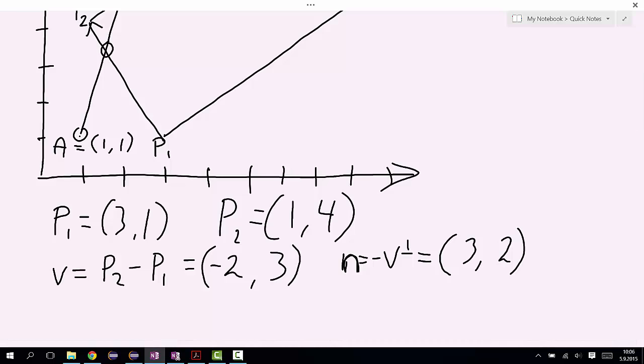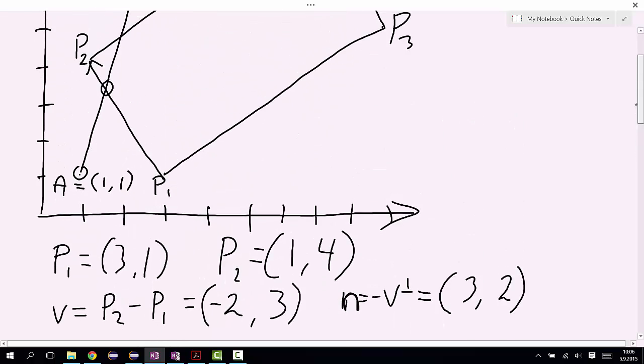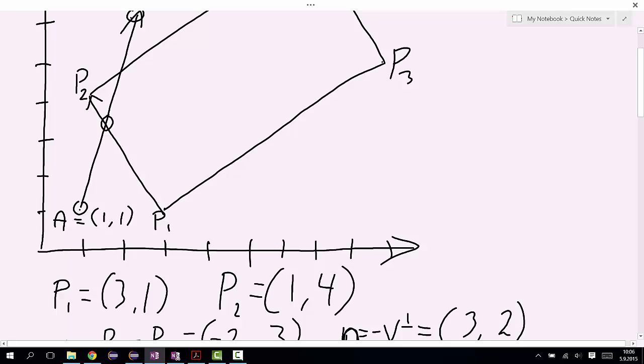Anyway, so we have a normal vector 3, 2 here, and we can draw that vector on the image as well. If we're going to use for the point normal form the point P1, which is fine, we'll use this point here, and we'll use a vector that's 3, 2, which would look like this. So that's our vector n right there. So we're going to use the point P1, we're going to use the vector n, and for the ray, we're going to use the point A, and we're going to use the vector C.